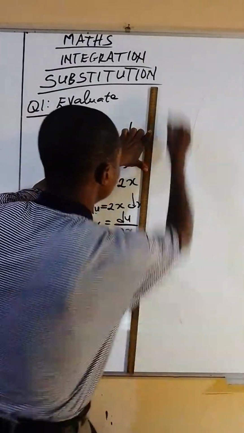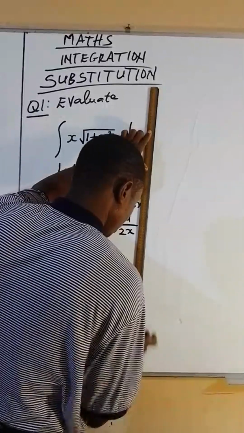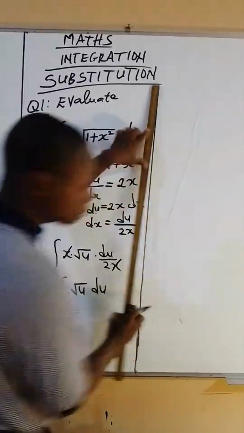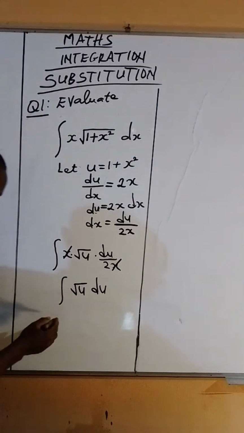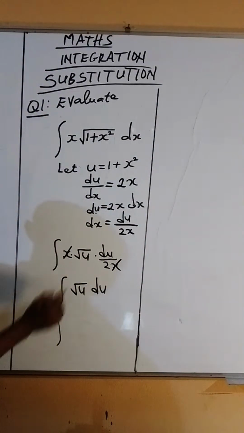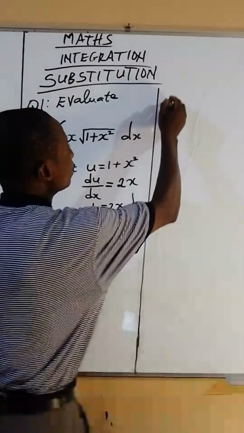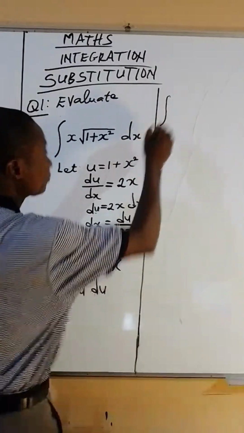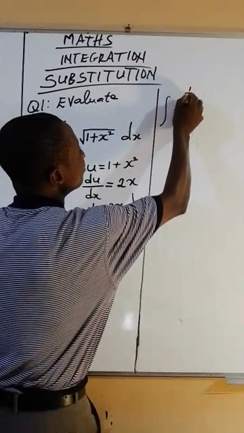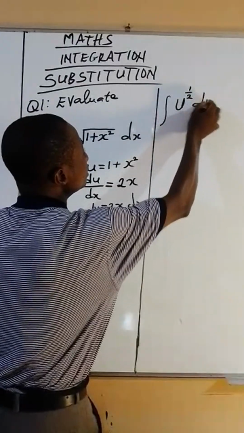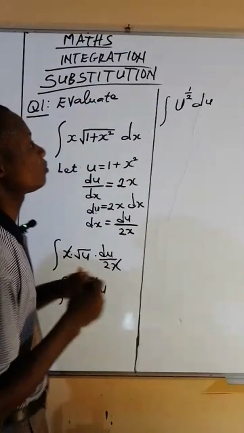What we are now going to do is to re-express this. We reorganize this expression. Let's bring it here. We are now going to have integral u raised to the power half du. So this is how we are now going to integrate this expression.